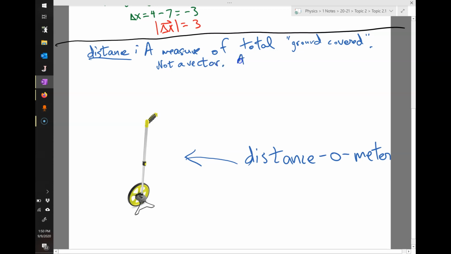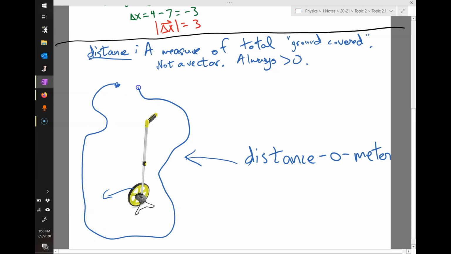It is always greater than 0. It just counts up. It doesn't decrease. You cannot decrease your distance traveled because it's always counting up. Like if you're rolling this thing forwards and you only ever roll it in the forwards direction, no matter which way you're pointing. I mean, you can go in circles. Like if you start here and follow some crazy path, but you're rolling this thing forwards the whole way, it will measure the distance that you traveled.